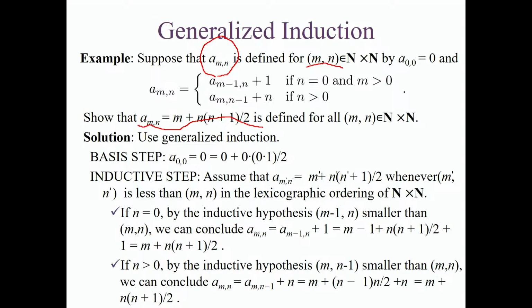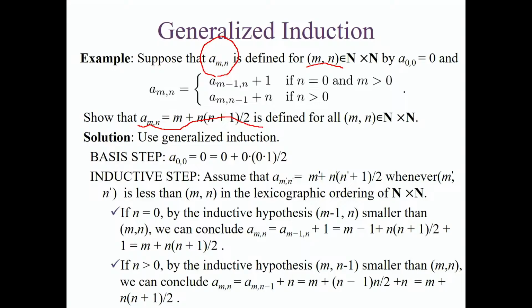If it is less than, then we can follow the inductive hypothesis to apply the equation directly. So for A(m, n minus 1), in this case we have m plus (n minus 1) times n divided by 2, and plus n, right? We can also rewrite this equation as m plus n times (n plus 1) divided by 2. This also verifies our equation is correct.